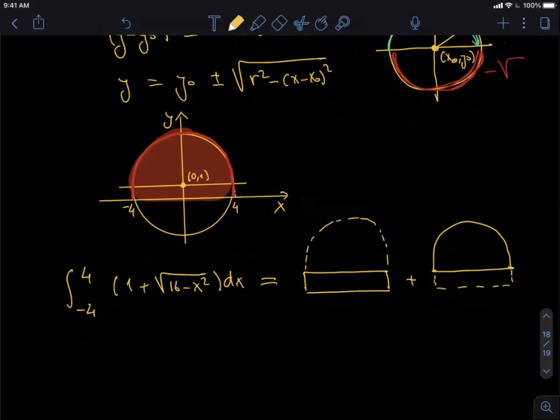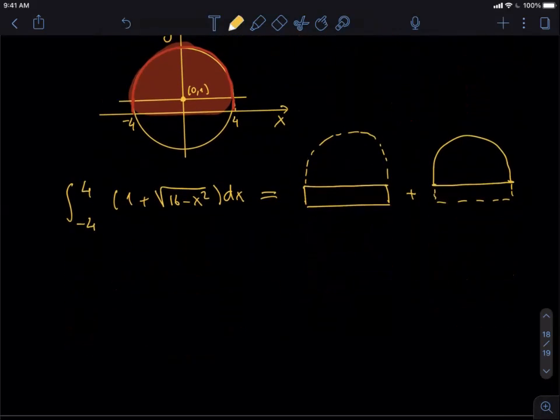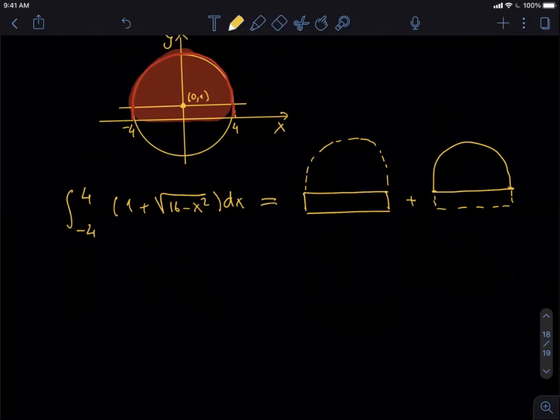I'm describing it just with a picture, but I think the idea is more clear this way. So we have a rectangle that is 8 units long and 1 unit high. And then we have a semicircle that has a radius of 4 units. So this is very easy to compute.